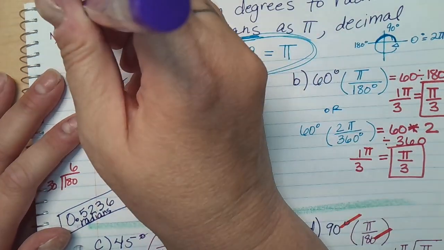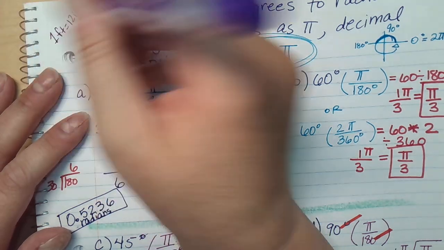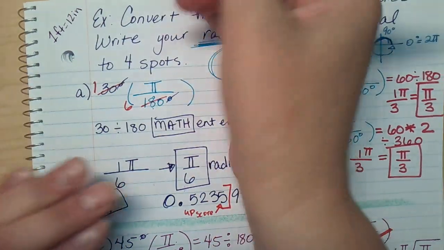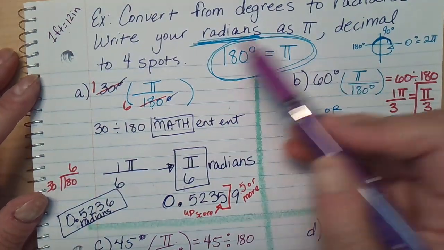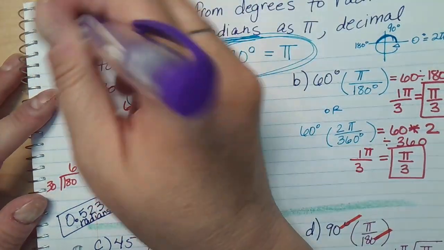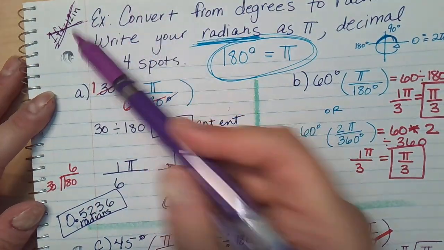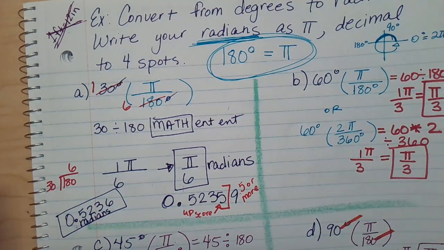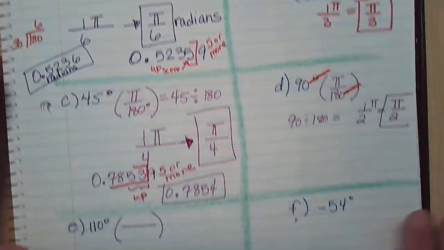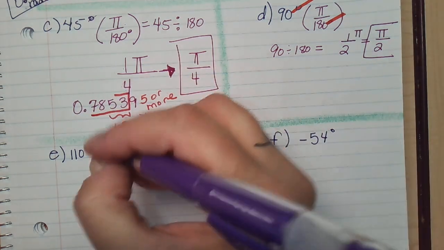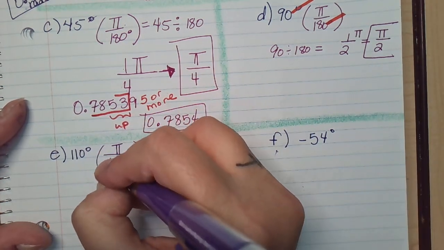That's kind of like a conversion unit. So here, pi is equal to 180. It just means whatever two things are equal that you're using to convert. The two things equal that we're using to convert are pi and 180.